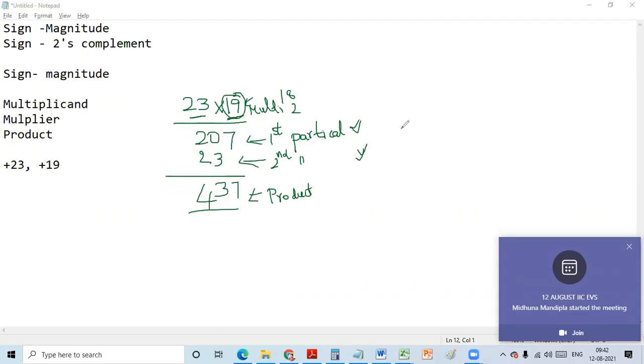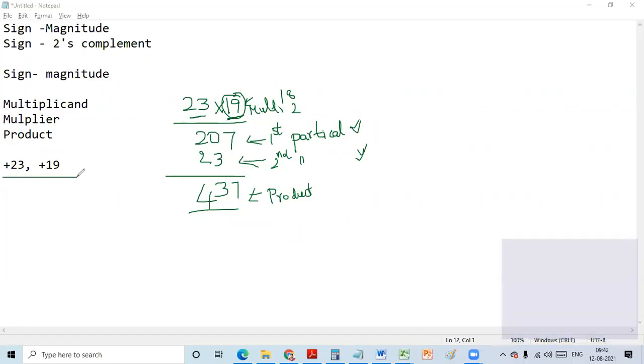Similarly, if I want to do it in binary, I have to represent this in binary. So which method am I following? Sign magnitude notation. So what is plus 23? Plus 23. Here I should use two registers: one flip-flop for storing the sign of the multiplicand and another register for storing the magnitude of the multiplicand.